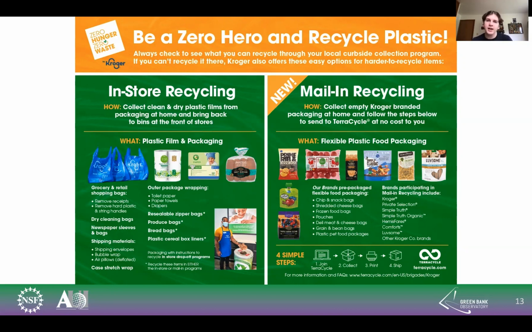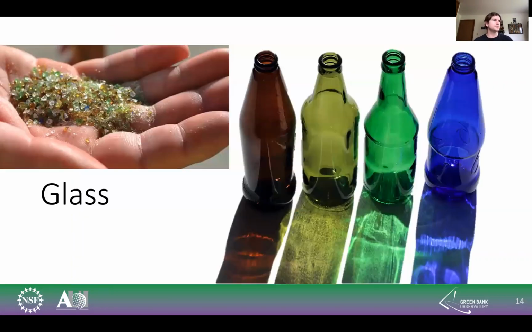In this case, the grocery store Kroger has teamed up with a group called TerraCycle, which will let you, free of charge, collect all of your plastic food packaging from their brand products, put them in a box. You can print out a label and ship it directly to TerraCycle to be processed. So while it's not always obvious, there are often these systems available.